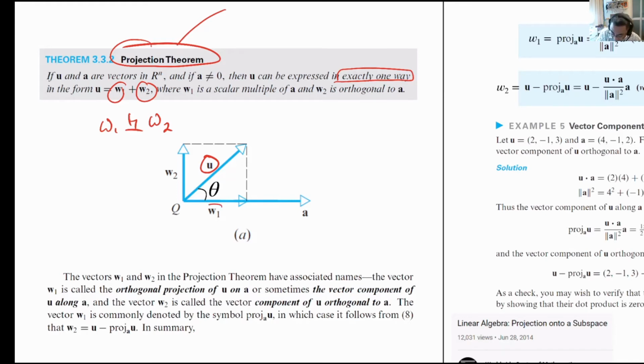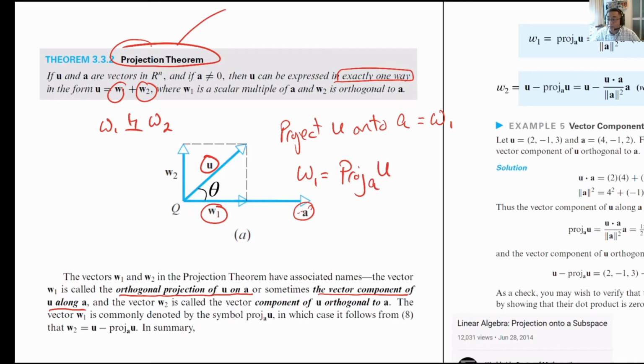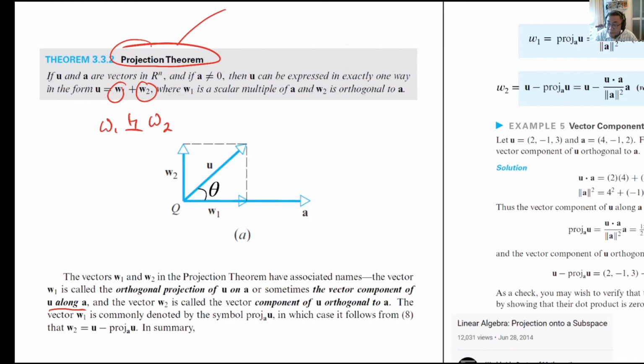There are various names. If we project u onto A and we get w1, sometimes the name or the notation is called the orthogonal projection of u onto A. Sometimes we call this the vector component of u along A. And sometimes we write it as w1 equals the projection of u onto A. What about w2? w2 is orthogonal to A. So w2 is sometimes also called the vector component of u that is orthogonal to A. How do we compute w2?